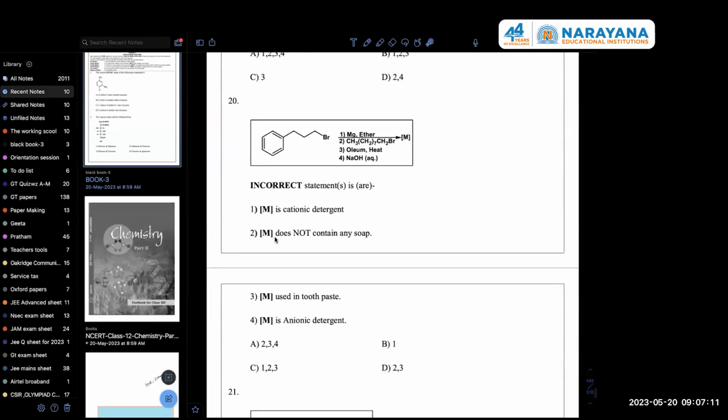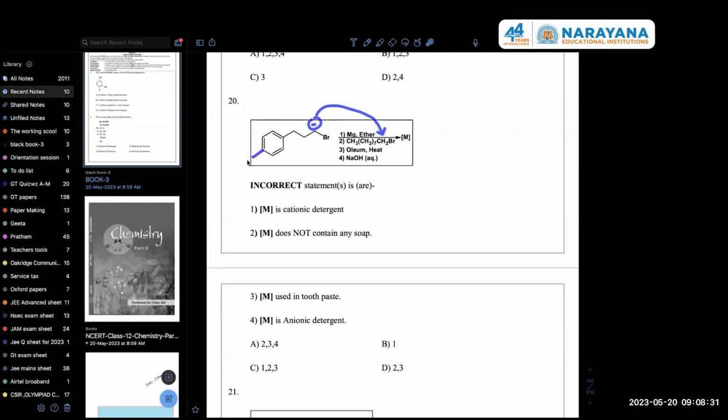Check this one. So what is the answer? B option. First, what you have done is a Grignard reagent here. That will attack here, so a 12 carbon chain will be created.